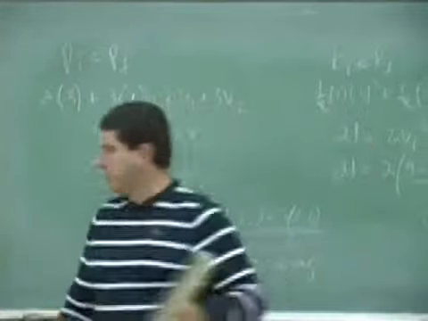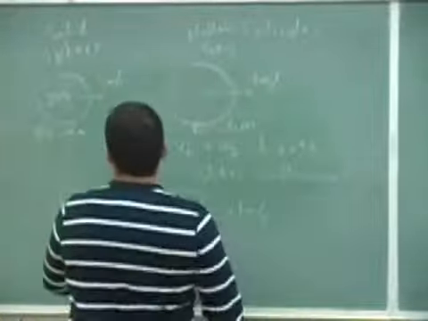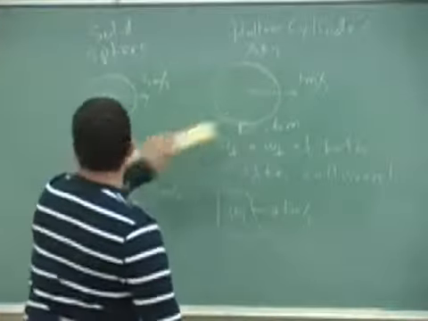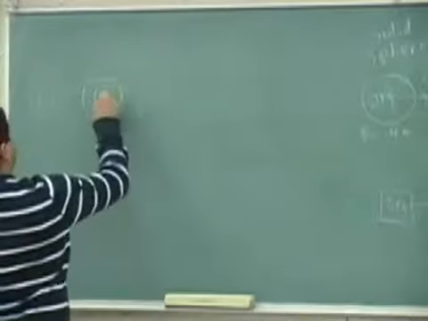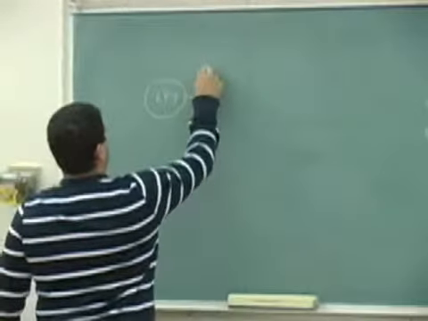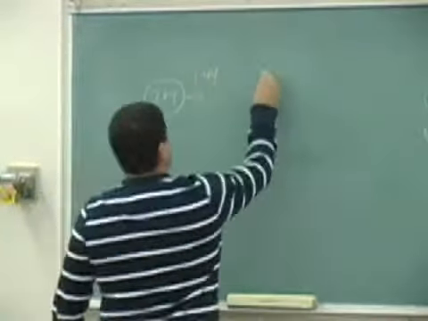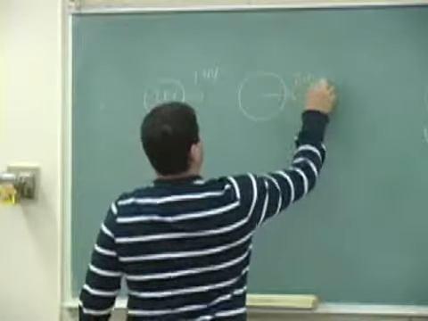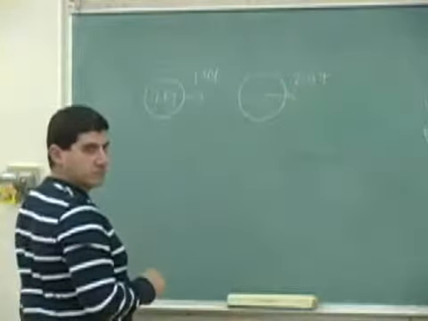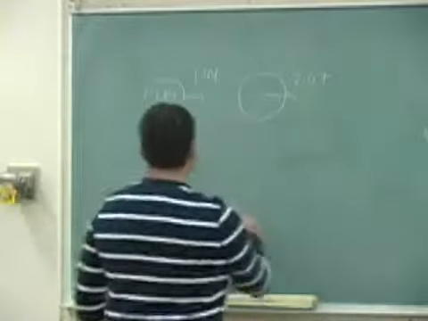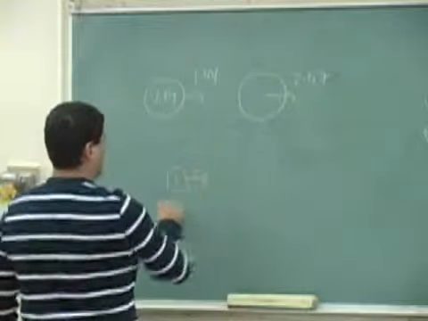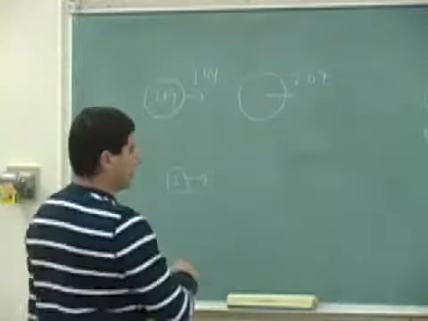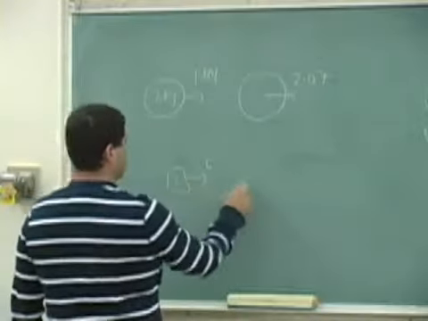Can we see why? So when this collides with that, let's summarize it here. When that collides with that, the 2 kilogram goes at 1.44. This one goes at 2.07. Whereas when that collides with that, the 2 kilogram goes at 0.6. Oh wow, it really slows down.